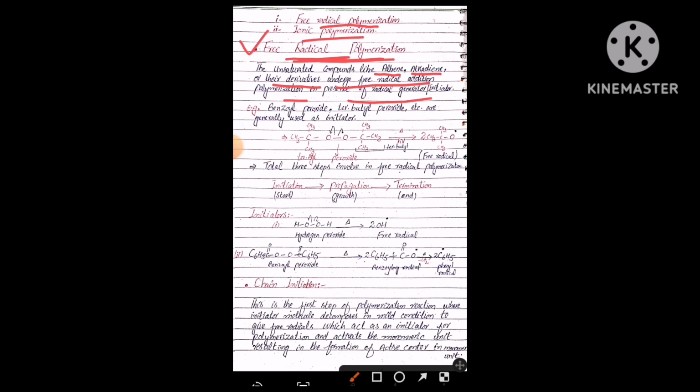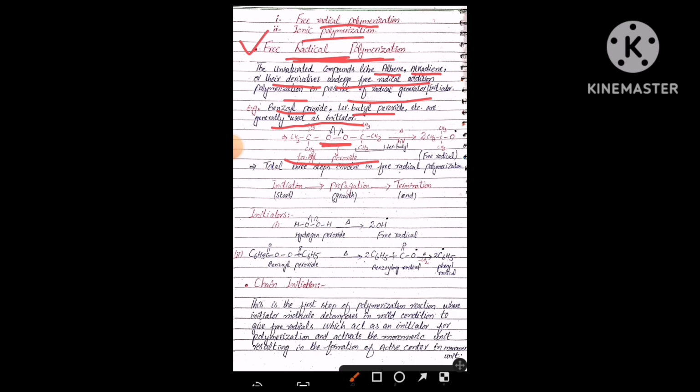Examples are benzoyl peroxide, tertiary-butyl peroxide, etc., which are generally used as initiators. Students, this is tertiary butyl peroxide. This oxygen-oxygen bond is the peroxide bond.